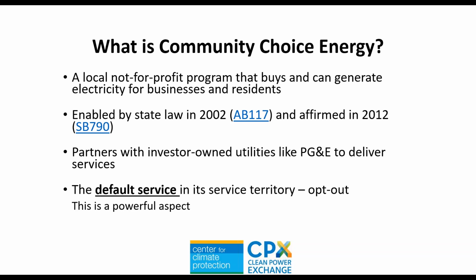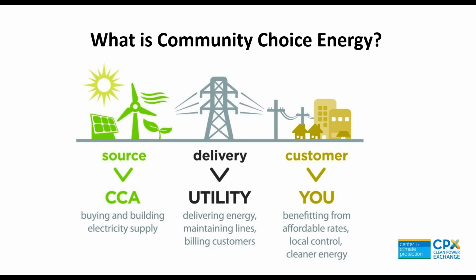Folks can always opt out, but this avoids the need for any kind of multi-million-dollar marketing campaign to get a single-digit participation rate. And all the community choice agencies are experiencing very high retention, so the majority of folks end up being community choice customers in that service territory. You can go to the next slide.